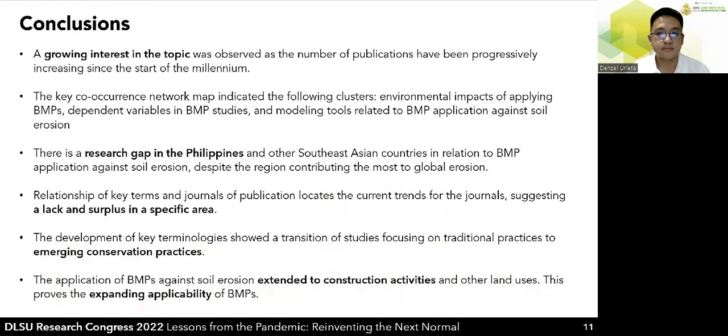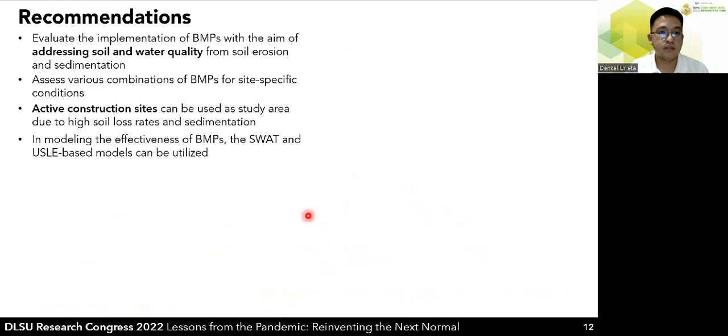For the recommendations of this study, it would be important to evaluate the implementation of BMPs with the aim of addressing soil and water quality from soil erosion and sedimentation. Meaning, as mentioned earlier, that soil organic matter, total nitrogen, and total phosphorus, to name a few, would be important to assess as a baseline and when evaluating the impacts upon application of BMPs.